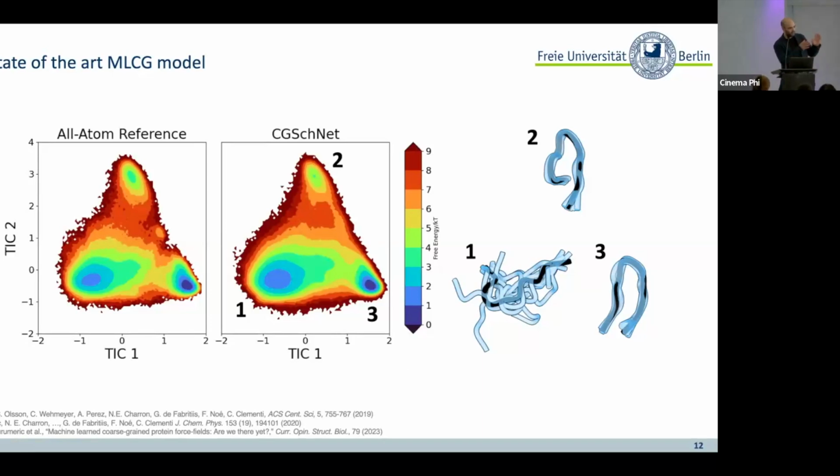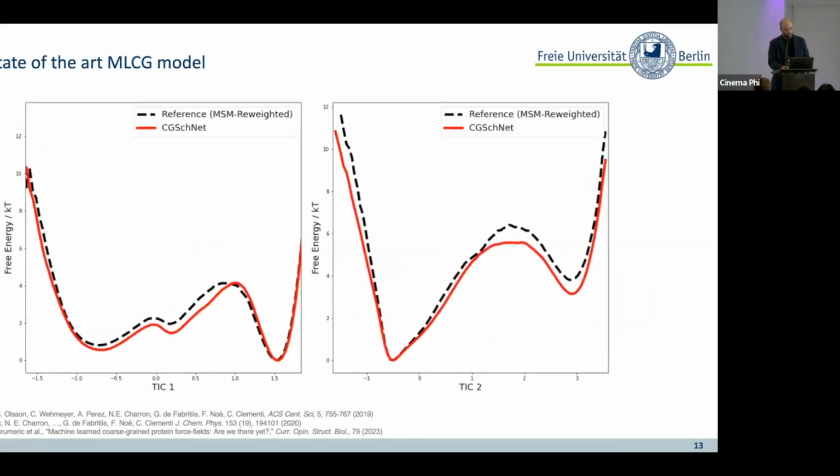We go from something around 2,000 to something around 10, because in this case, we only retain one coarse-grained bead for every amino acid. And just to show how good those results are, this is also the 1D projection, so you can really see how we can match the atomistic result.